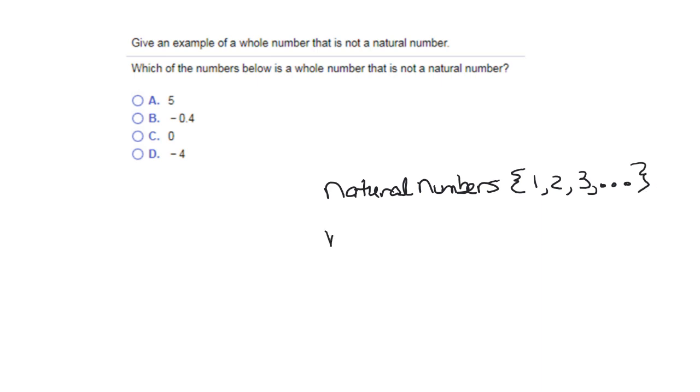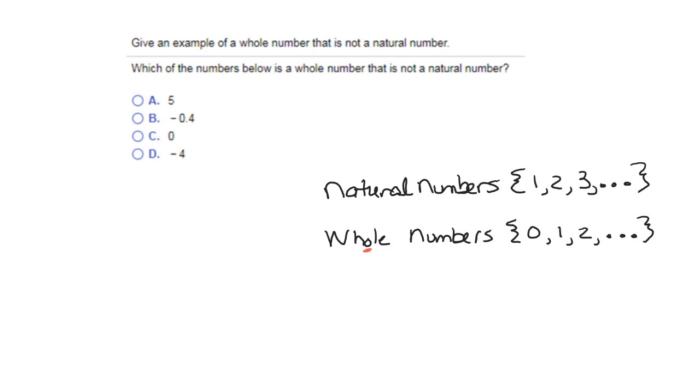The next set would be the whole numbers. Whole numbers include natural numbers, but it also starts with a what? 0. Remember I said to remember the O in the word whole to lead you to start with 0. It includes the natural numbers and it goes on and increases at that point.